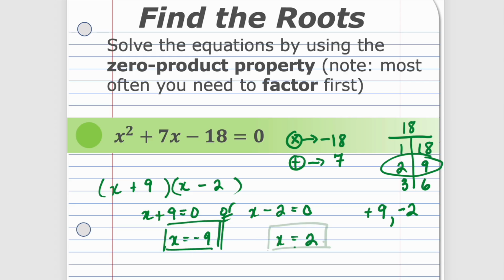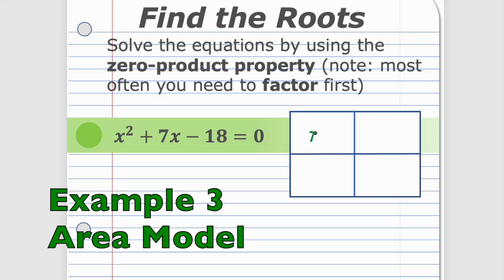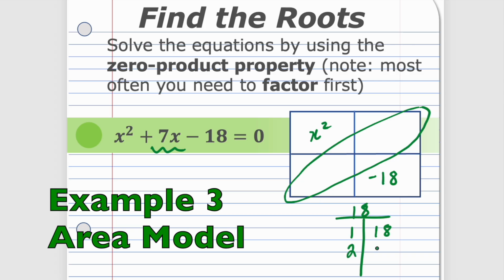Two answers. Using a visual to factor, we have x squared, negative 18 for sure. These two spaces need to add up to the plus 7x, and the only way that happens is if we list the factors of 18: 1 and 18, 2 and 9, 3 and 6. 2 and 9 would be it.